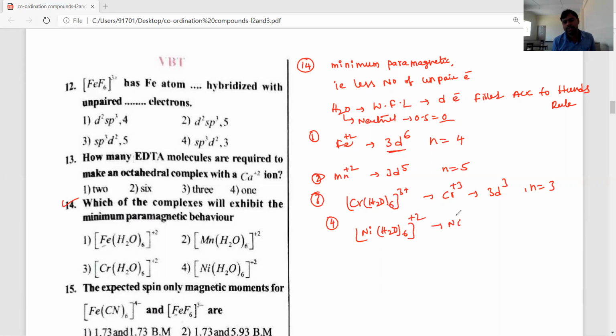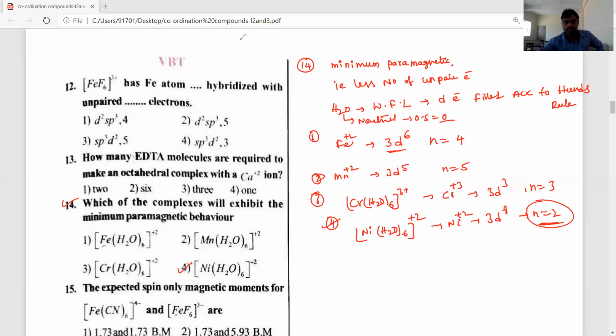Nickel in +2 state means 3d8. Those 8 electrons are filled according to Hund's rule, so n is equal to 2. The number of unpaired electrons is 2. So [Ni(H2O)6]2+ has the least number of unpaired electrons. That's why it has minimum paramagnetic nature. So the answer is the fourth option.